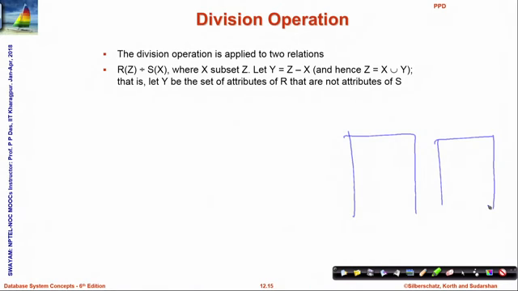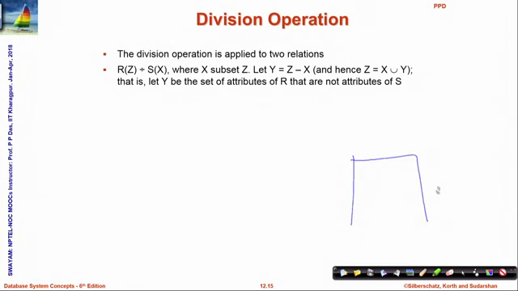If I have two relations, R, which has a set of attributes Z, and S, which has a set of attributes X, such that the set Z is a superset of X, so Z has more attributes, then if you take the difference of attributes between Z and X and call it Y, we are interested in what happens on this remaining set of attributes Y.